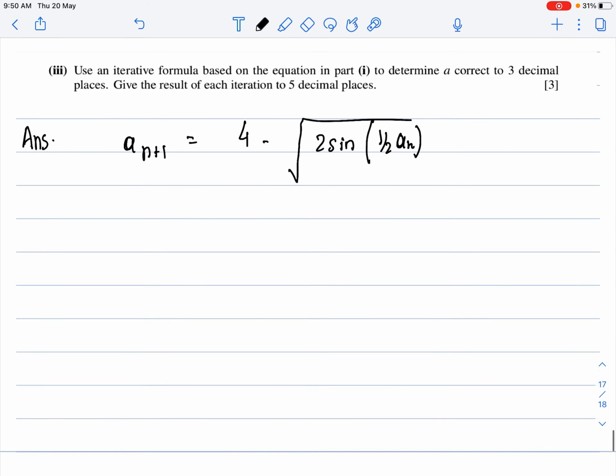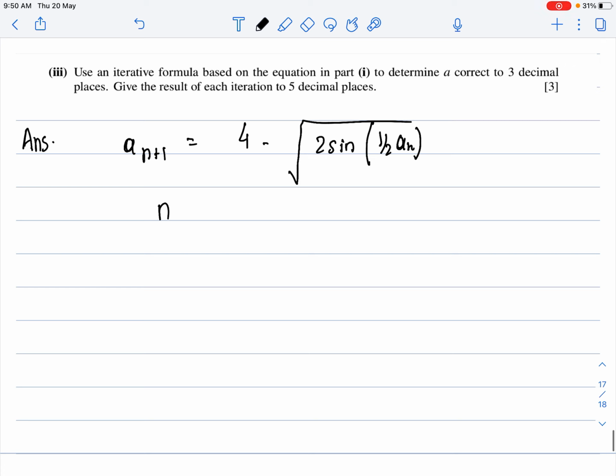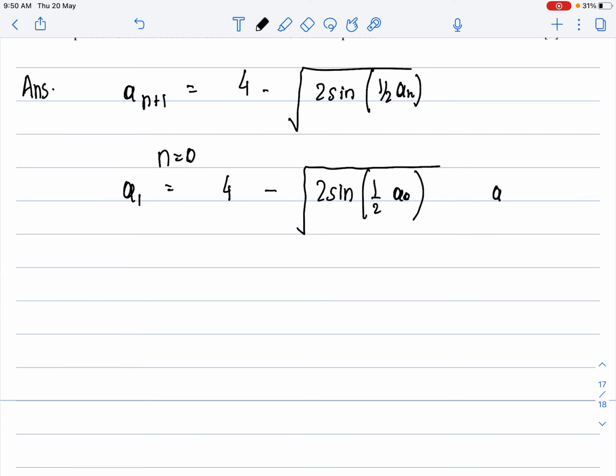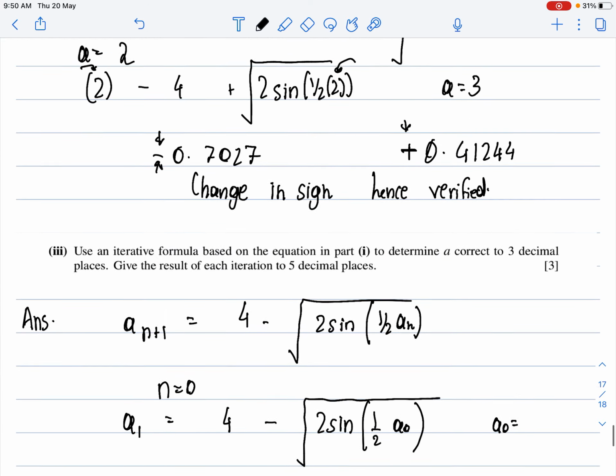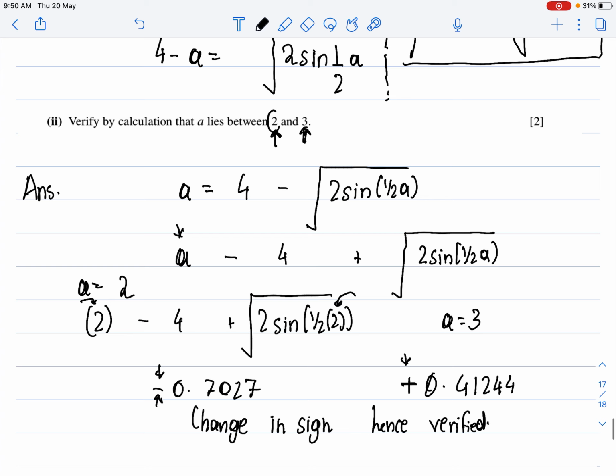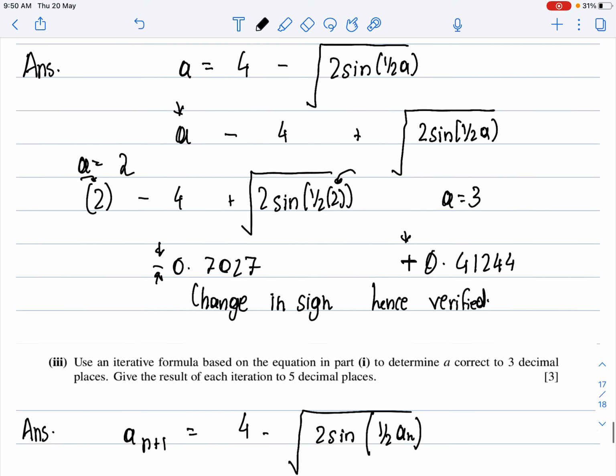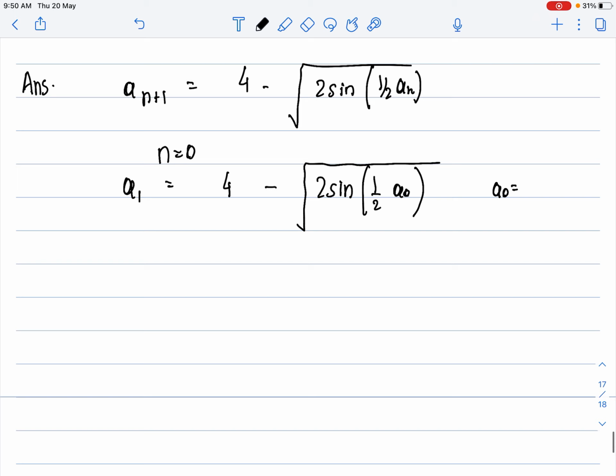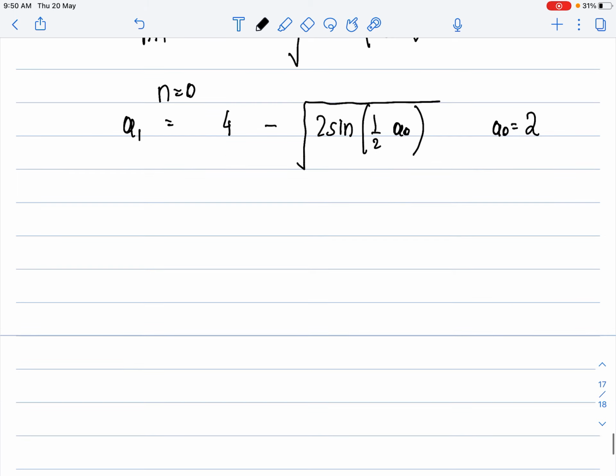The first step is always to take your n as 0. So when you take n as 0, I get a1 equals 4 minus the root of 2 sine half a0. Now you need to know that a0 can be 2 or 3, because you know a lies between them. So let me take 2 for now.